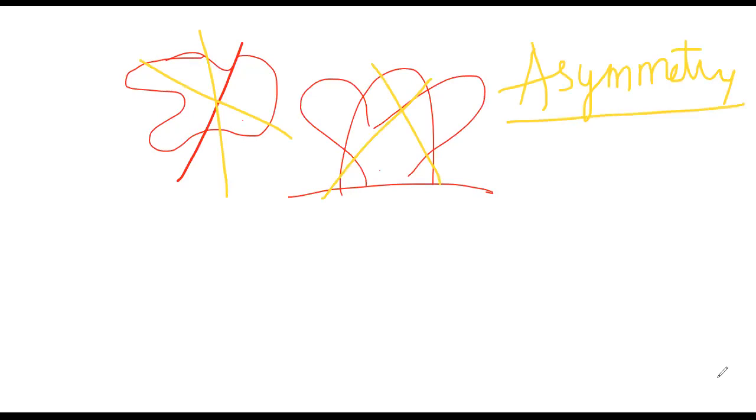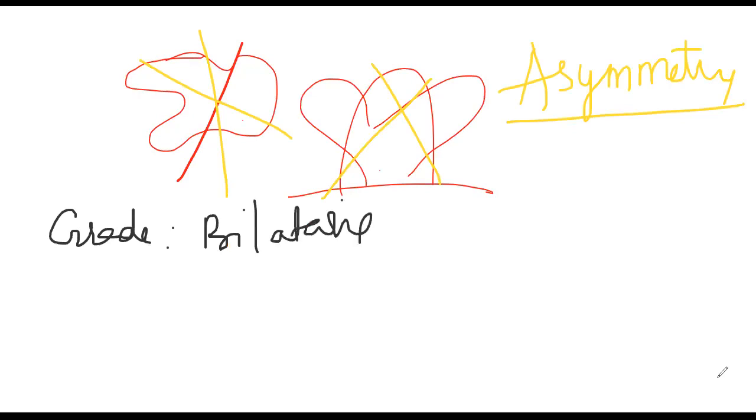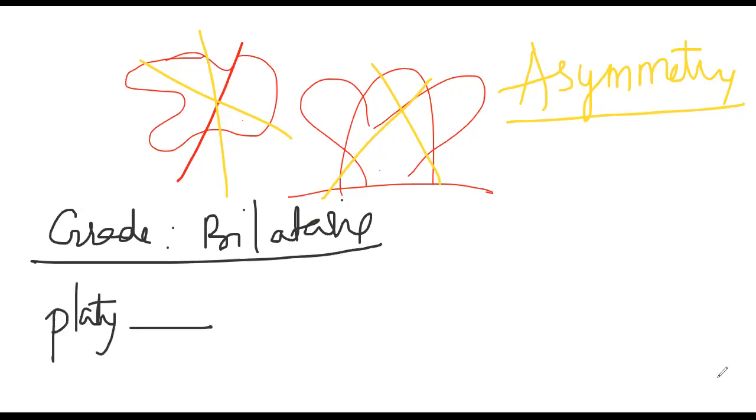That's over. Next, let us remind ourselves of the kingdom Animalia classification, grade Bilateria. All the animals of grade Bilateria should have what kind of symmetry? Bilateral symmetry.